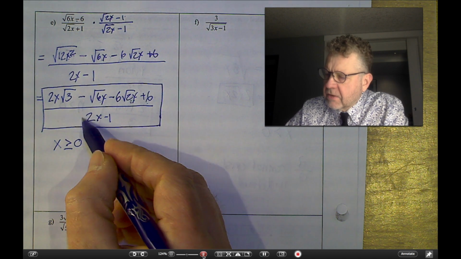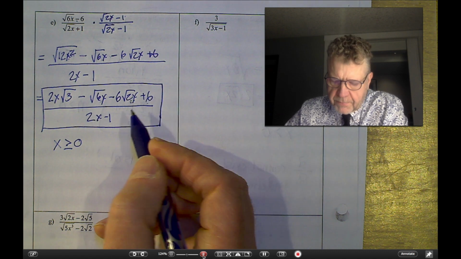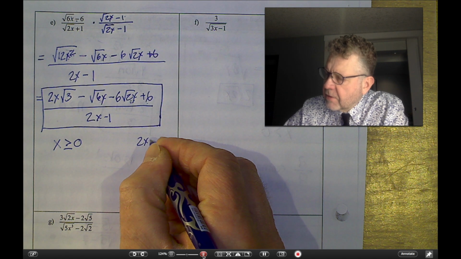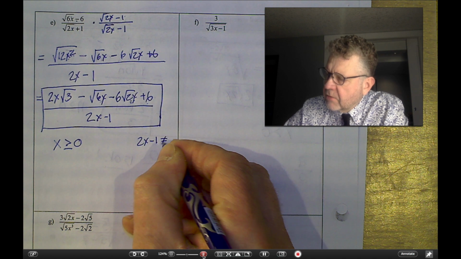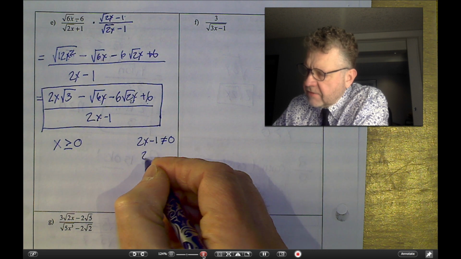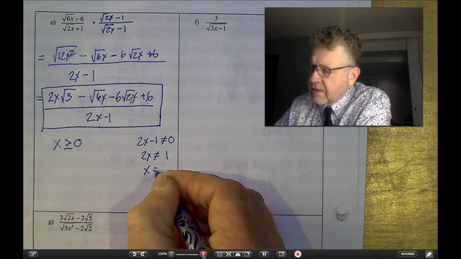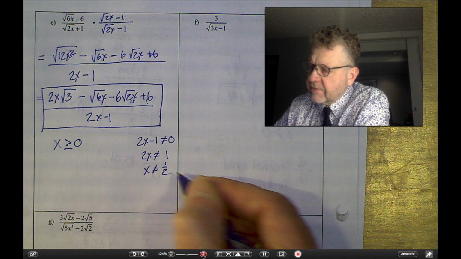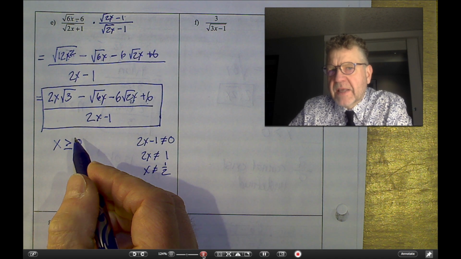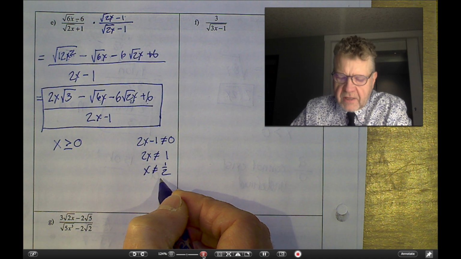But now we've got to take a look at the bottom here as well in terms of zeros. Not worried about the radicals, but we have 2x minus 1 cannot equal 0, or else the whole expression blows up, which means that 2x cannot equal 1, which means that x cannot equal 1/2. So in addition to x not being able to be negative, there's a further restriction that x cannot equal 1/2.